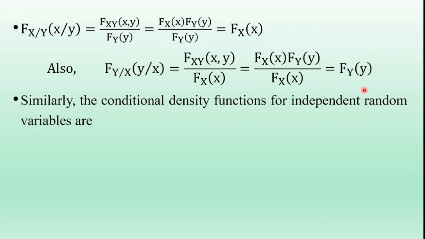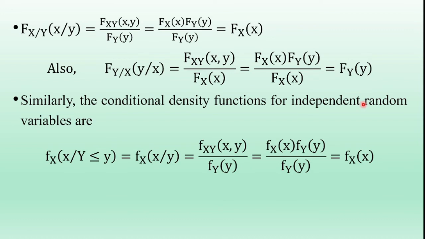The conditional density functions for independent random variables follow the same process in a similar manner. f_X(x|y) is equal to f_XY(x,y) divided by f_Y(y). Applying the independent random variable condition to the numerator, we get f_X(x) f_Y(y) divided by the denominator term.